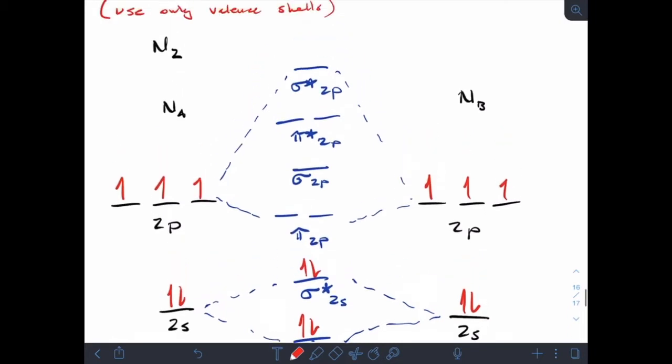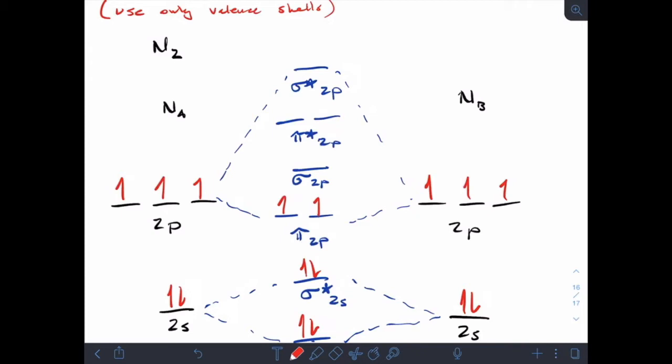Now in my p level, I have 6. I'm going to follow Hund's rule and the Pauli exclusion principle. So I go 1, 2. Notice I didn't put them both in the left hand, even though I could. I want you to pay attention to this: fill them singly before you pair them.